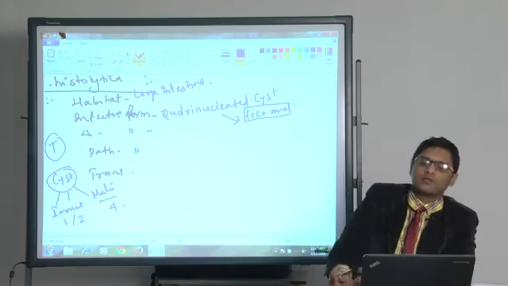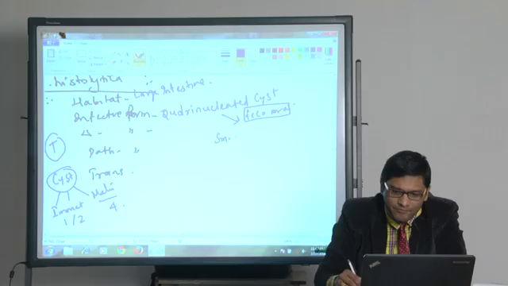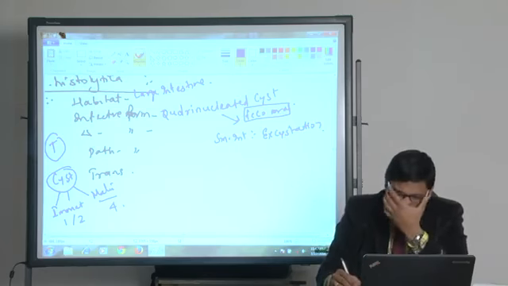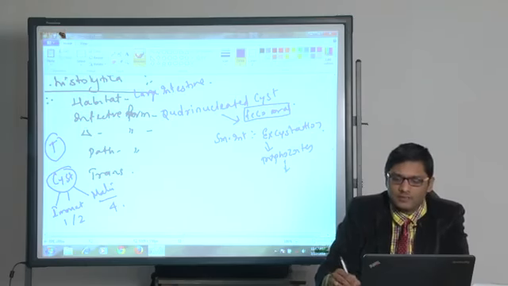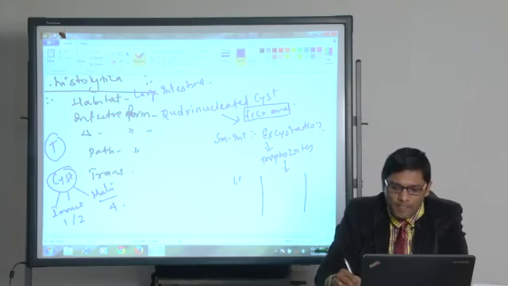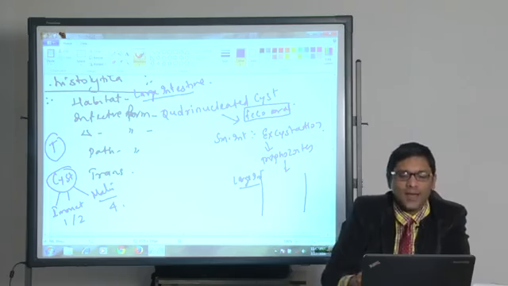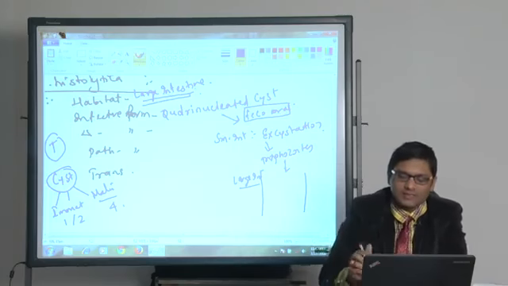following which the quadrinucleated cyst in the small intestine will undergo excystation. When it undergoes excystation, trophozoites will be released. Trophozoites go to the large intestine, and as I told you, large intestine is the habitat of Entamoeba histolytica. They usually reside in the large intestine.